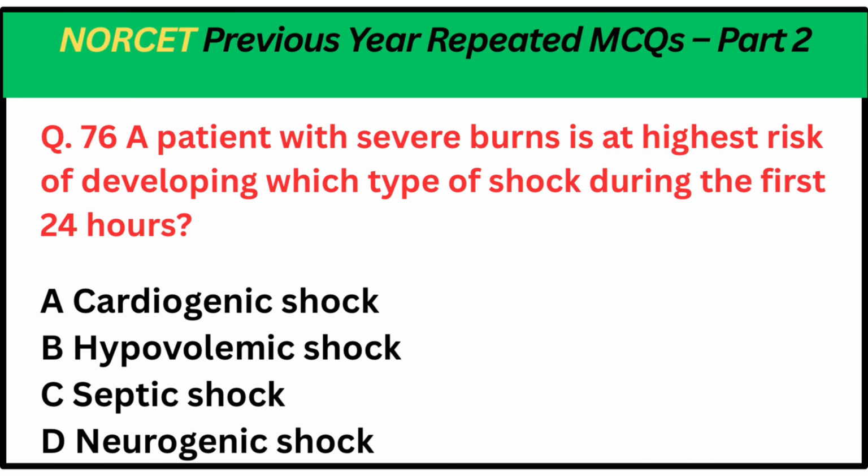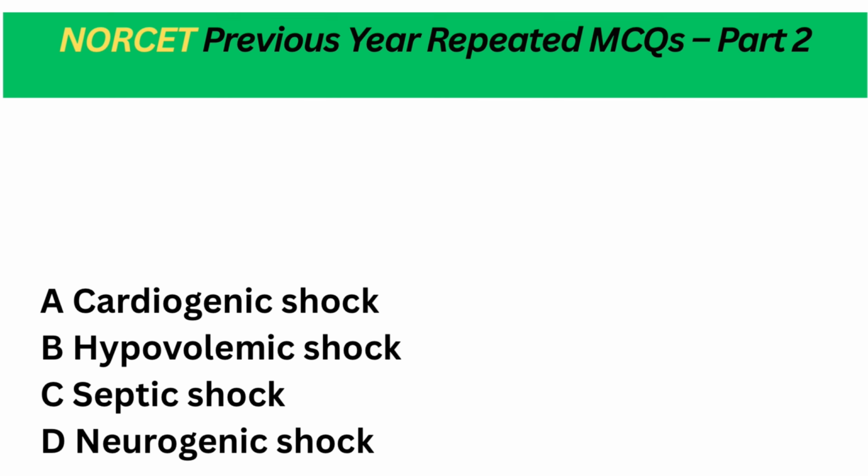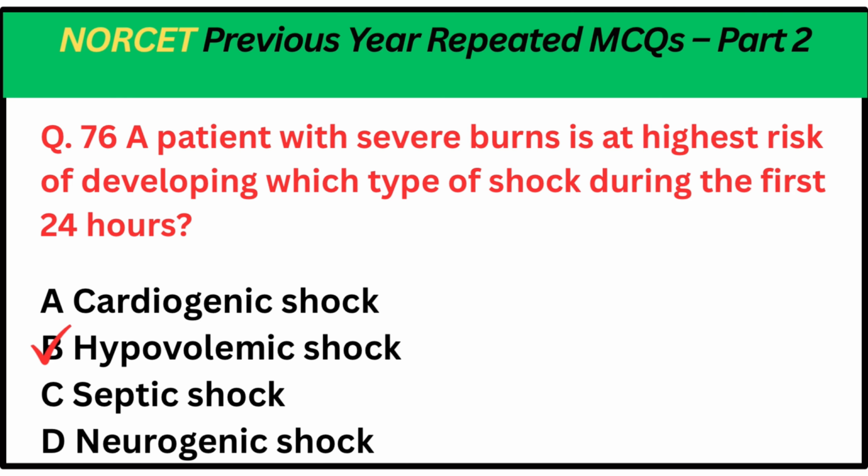A patient with severe burns is at highest risk of developing which type of shock during the first 24 hours? Your correct option is option B, hypovolemic shock. Moving to the next question, question number 77.